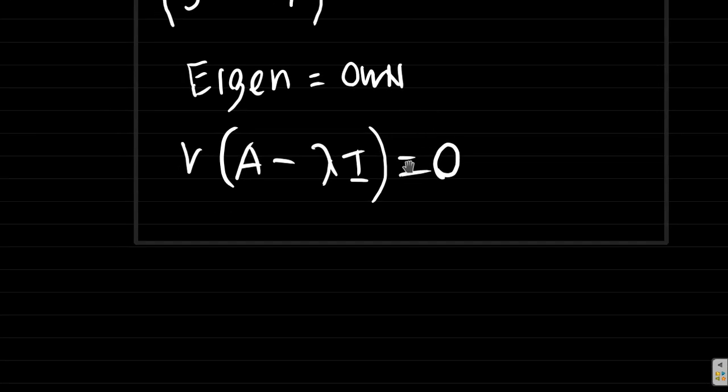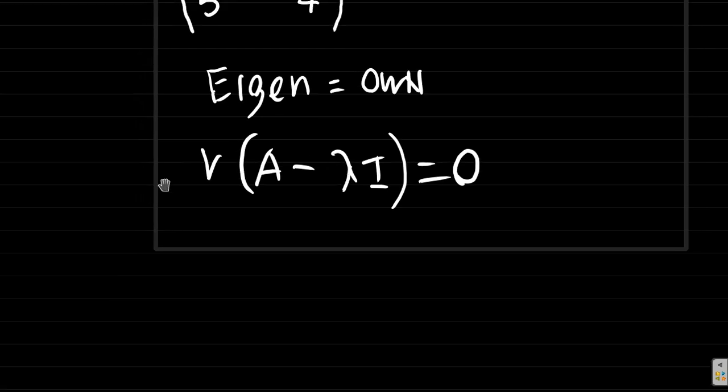Now, if we have this situation, A minus lambda I will turn out to be a matrix.